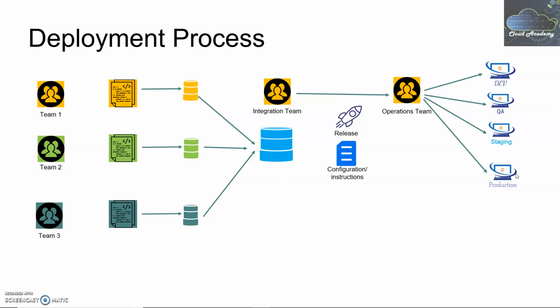They also need to see if a load balancer is required, if any clusters are required, and any backup and archival. All those things they need to take care of, and they need to spin up the number of servers according to the requirement. So they're already fed up with a lot of work, and it takes plenty of time to build your environment based on the instructions given by the development team.